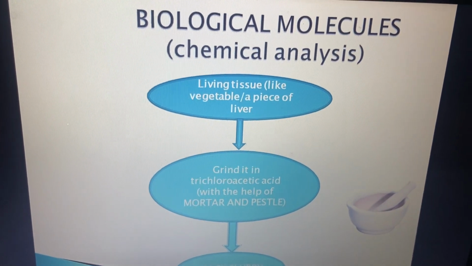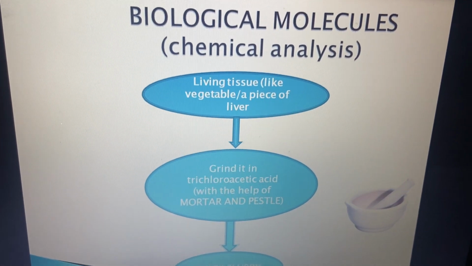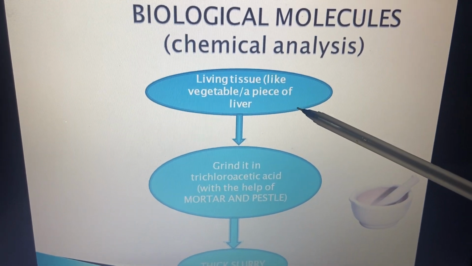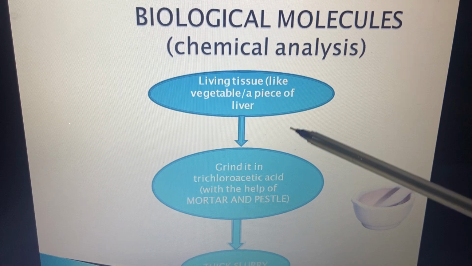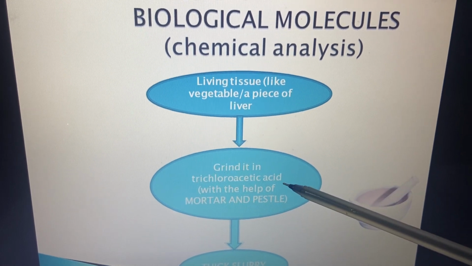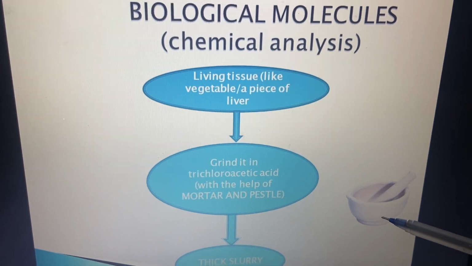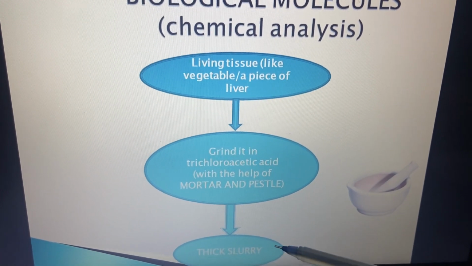Friends, an experiment was conducted in which a living tissue, whether a vegetable or a piece of liver, is taken and ground in trichloroacetic acid with the help of a mortar and pestle, and we obtained a thick slurry.